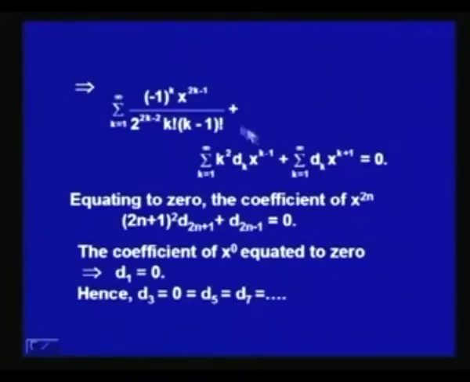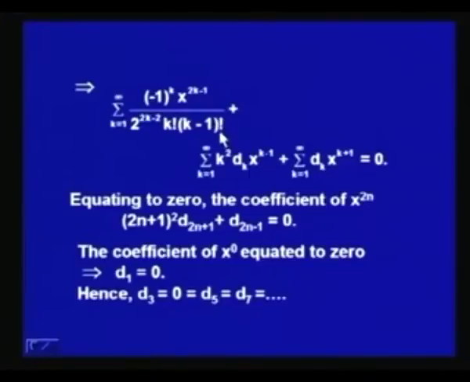So let us equate to 0 the coefficient of x separately, and the coefficients of x to the power 2n plus 1, where n takes values 1, 2, 3 and so on, will be available in all these three terms.